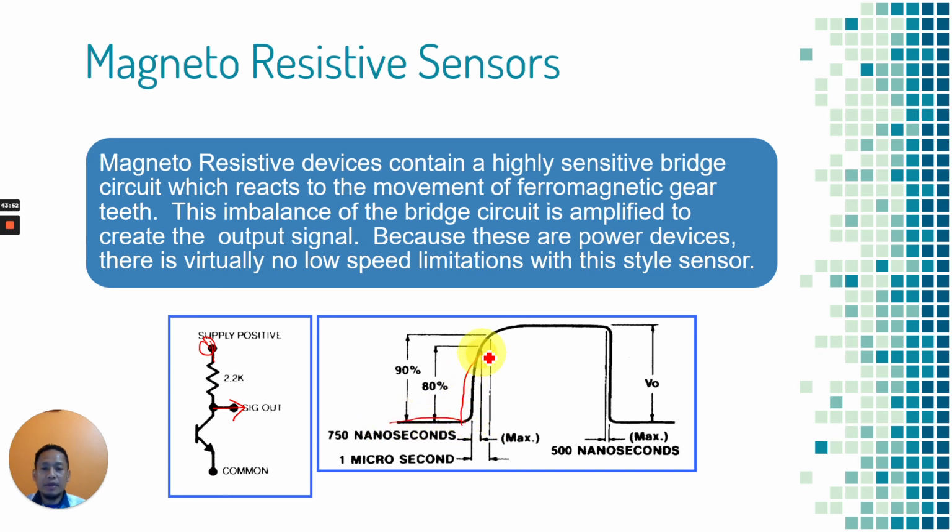When the sensor detects the object, the output voltage appears at the back here, and the sensor either has a positive supply, or is common negative, or common positive. Because this is a powered device, there is virtually no low speed limitation with this style of sensor.